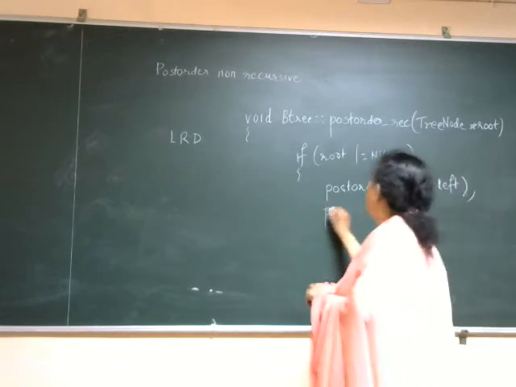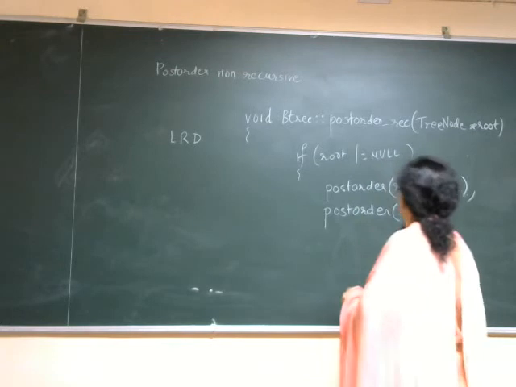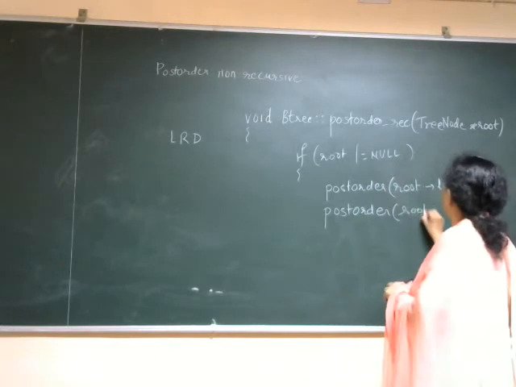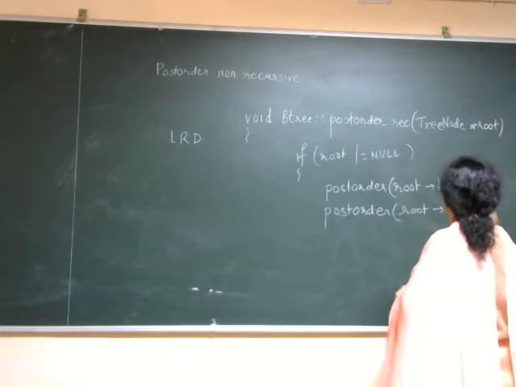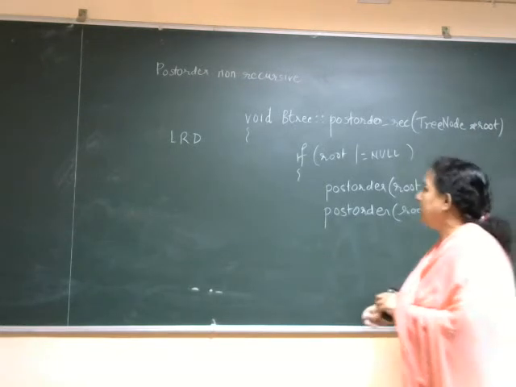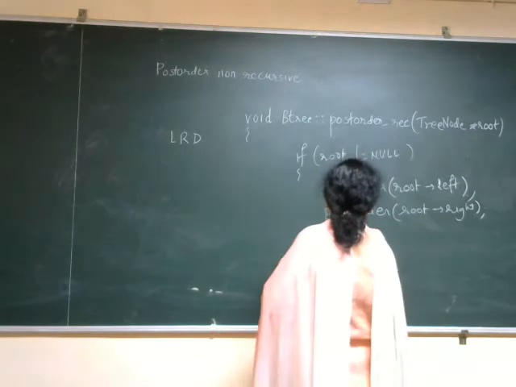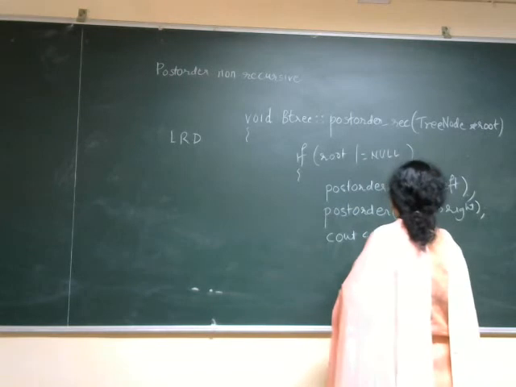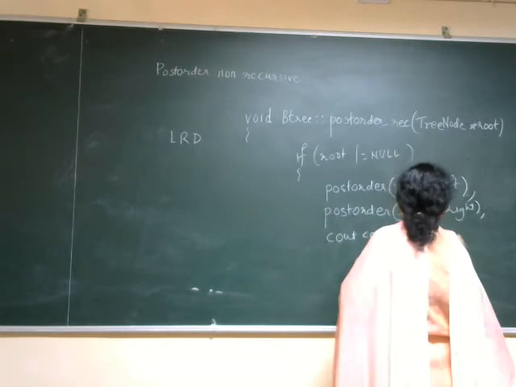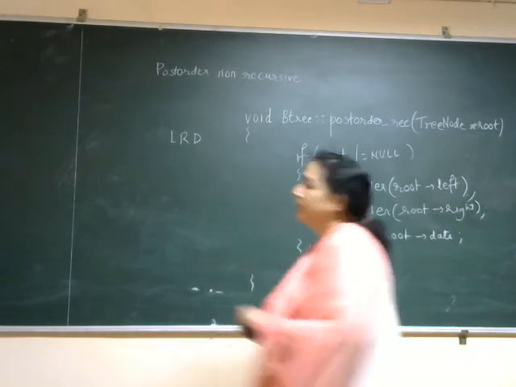Then we are calling post-order with root pointer right. Okay, and then we are displaying the data, so there is a statement cout root pointer data, and this is the recursive function.